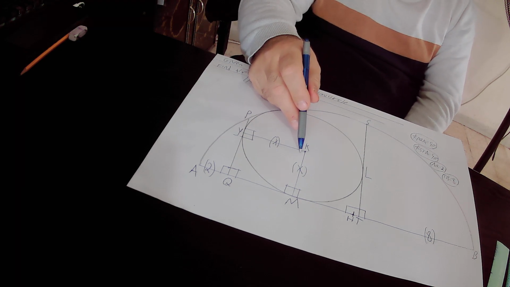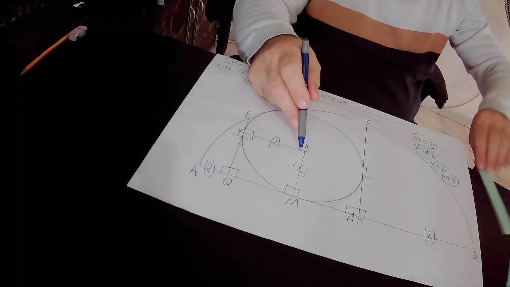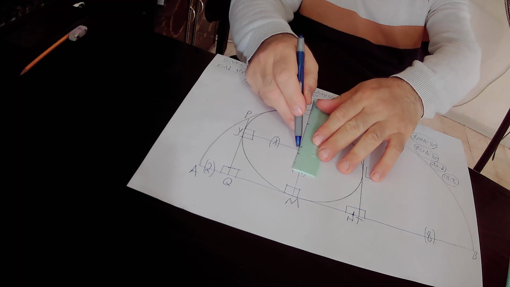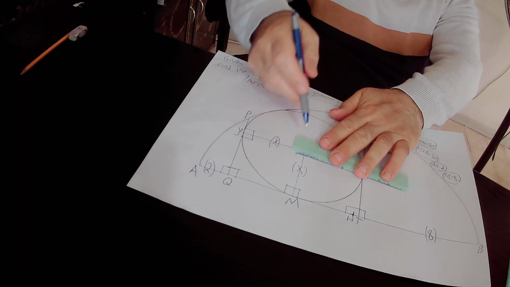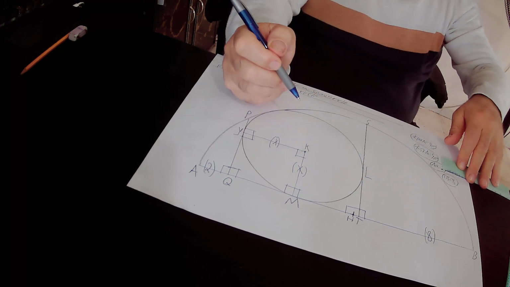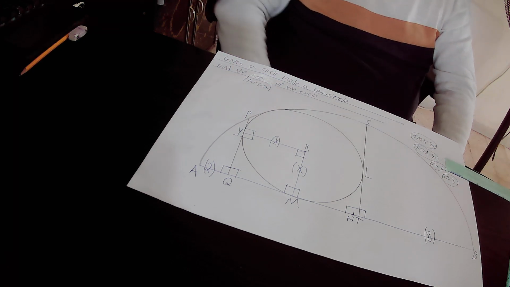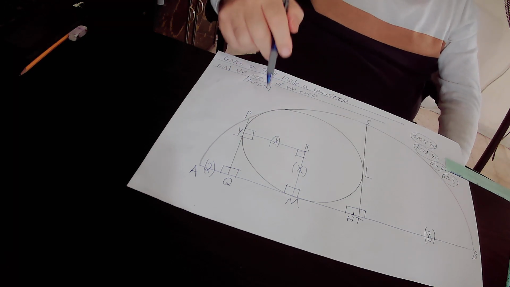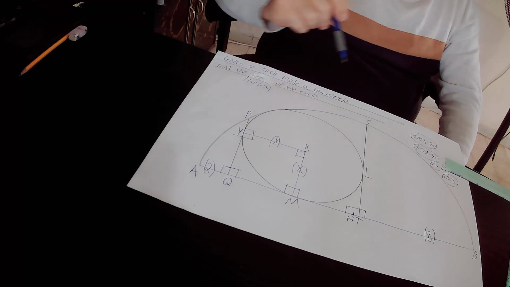Therefore, this fourth missing angle must be equal to 90 degrees in its size. So inside quadrilateral YKMQ, we have 4 right angles.